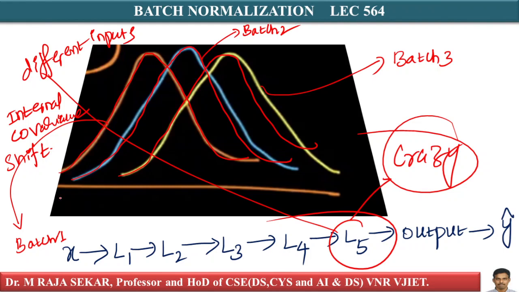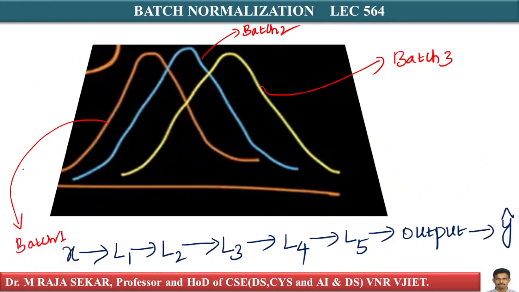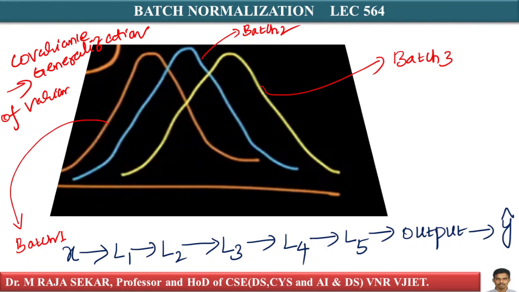Covariance is basically, what is covariance? It is a generalization of variance to multiple variables.